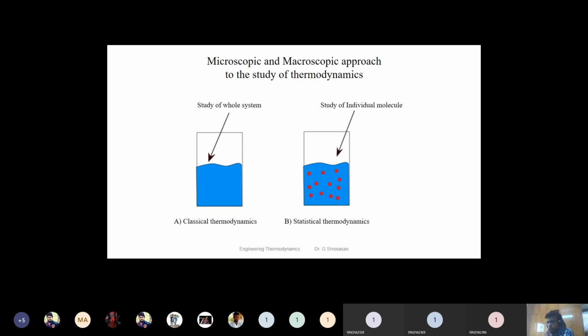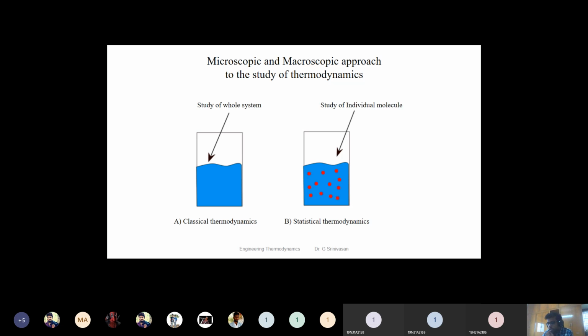It takes the entire system into consideration, and we are trying to study the behavior of heat. So we have two methods, microscopic and macroscopic. As the words themselves say, if you are looking at the molecular level, that is microscopic, and if you are looking at the system as a whole, that is called macroscopic.